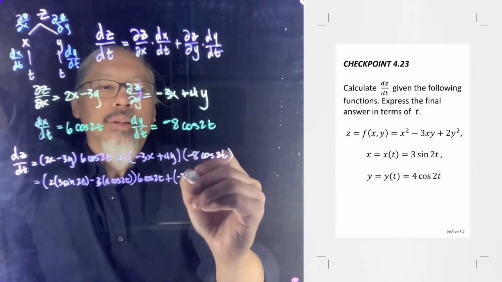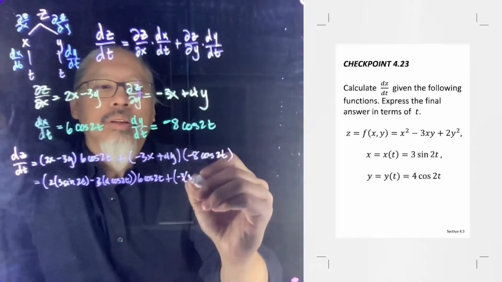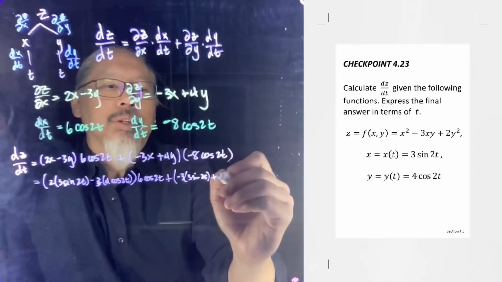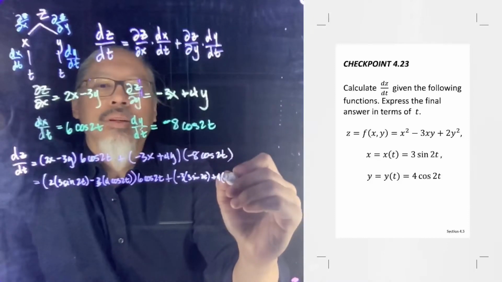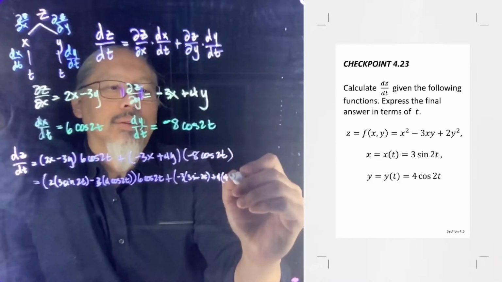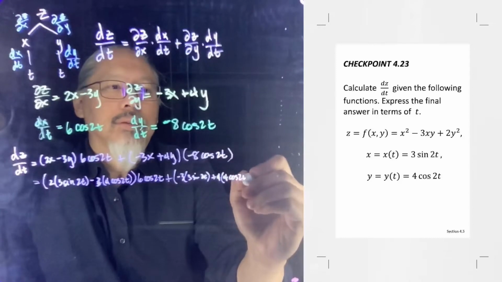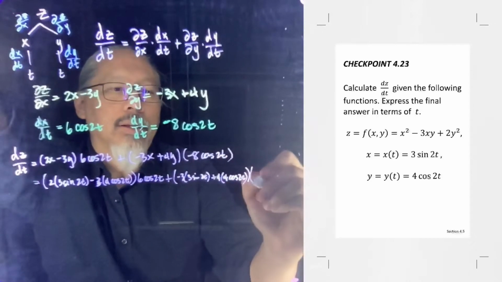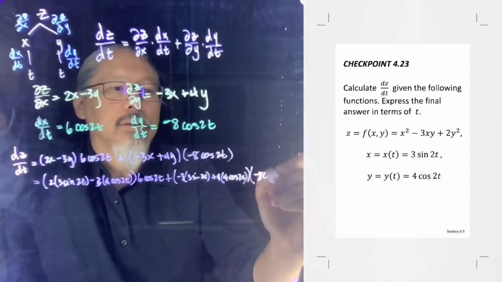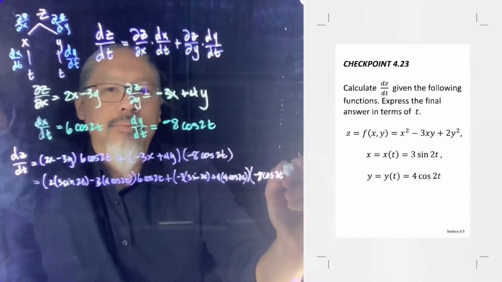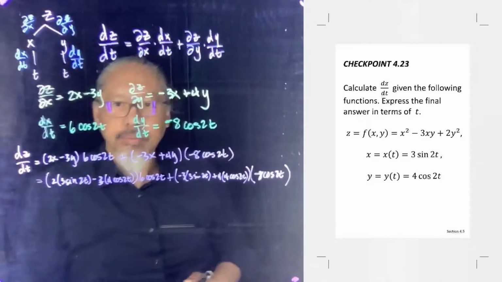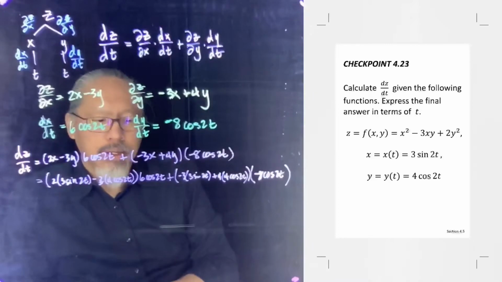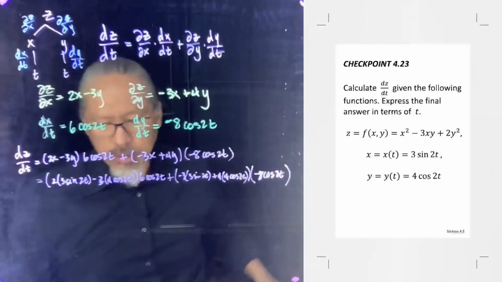And the second one is negative 3 times 3 sine 2t plus 4 times 4 cosine 2t, and we have a negative 8 sine 2t. Well, we can leave it like that, or you can try to simplify it if you want, but I'll leave it like this.